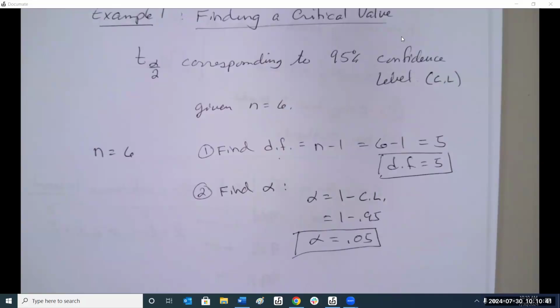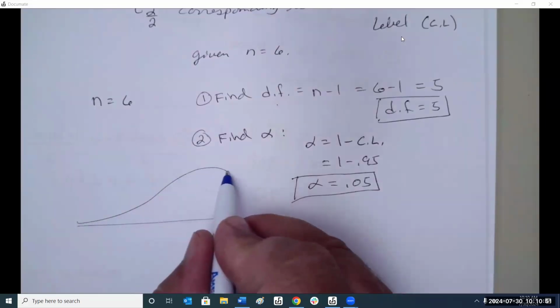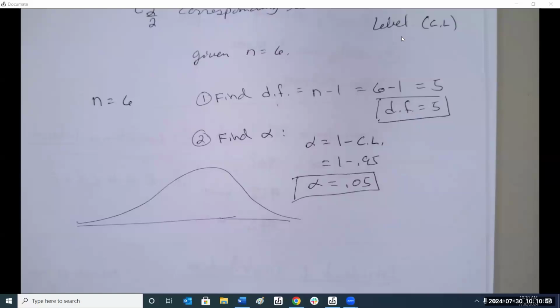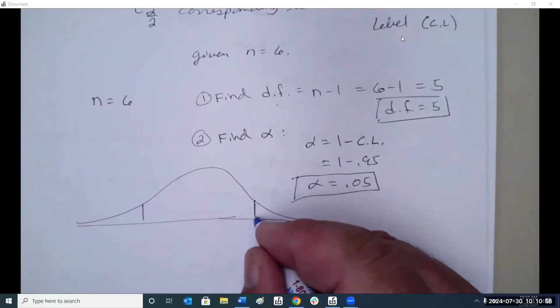So do we use a one-tail or a two-tail test? It doesn't specify. Then we're going to approach this as a two-tail test, which is always the fallback.